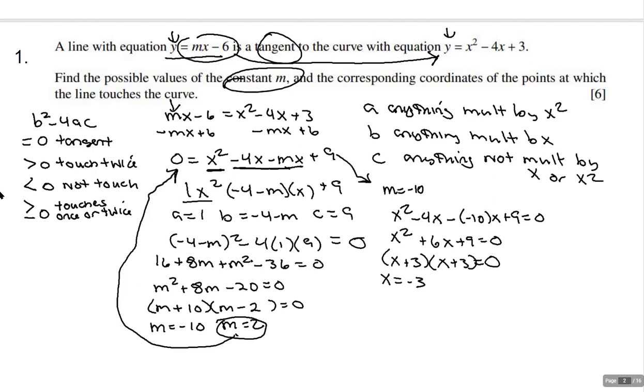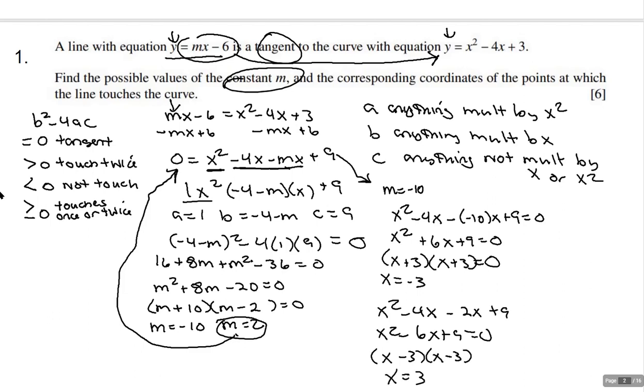Okay, so hopefully you did that, and hopefully you ended up with roughly the same thing. It's going to be x squared minus 4x, minus 2x plus 9. And so this is going to be x squared minus 6x plus 9 equals 0. I'm going to get x minus 3 times x minus 3. X is going to equal 3.